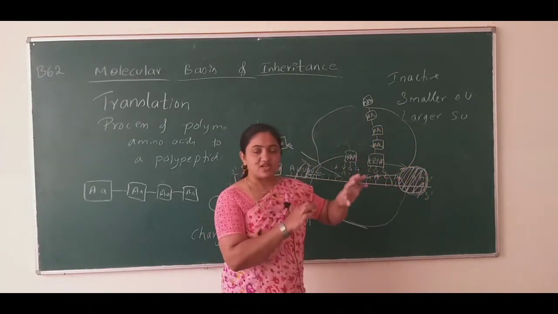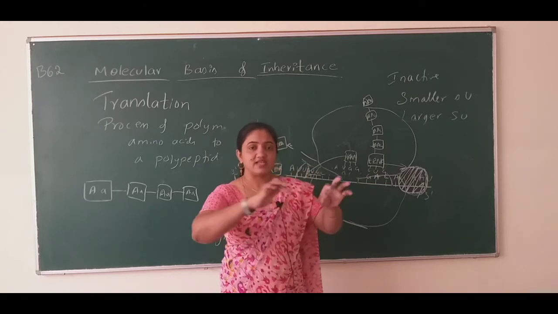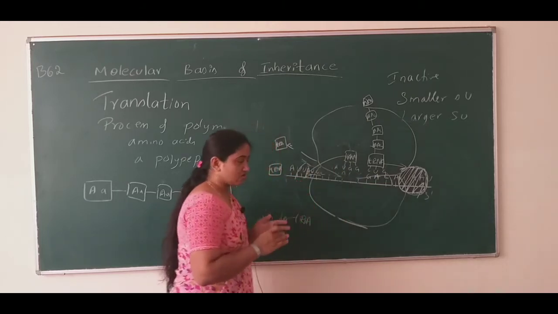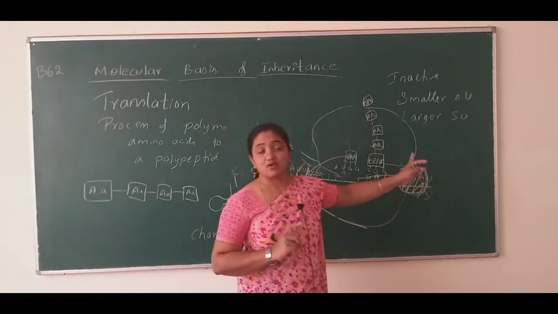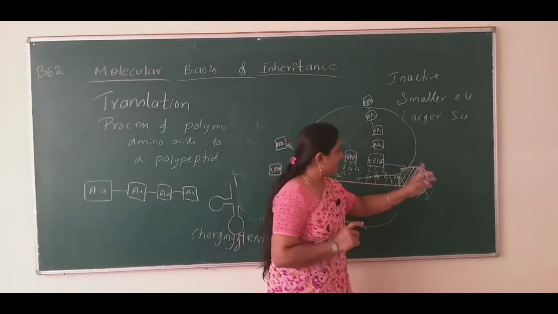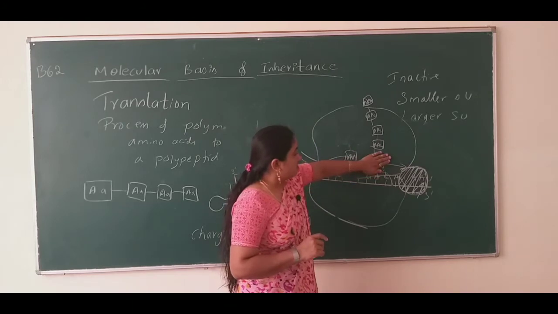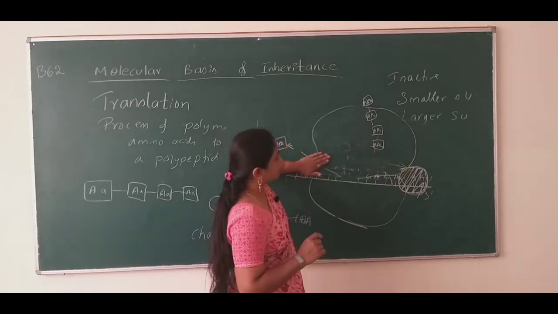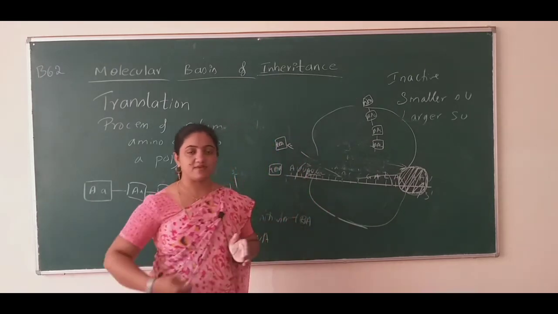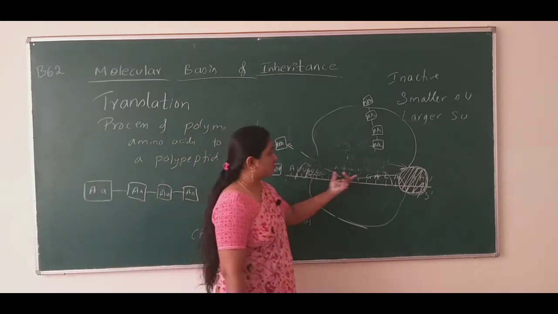So it comes to know there is nothing to read, nothing to code with, none of the codons are there on the mRNA. Then all the tRNAs get detached from this process.